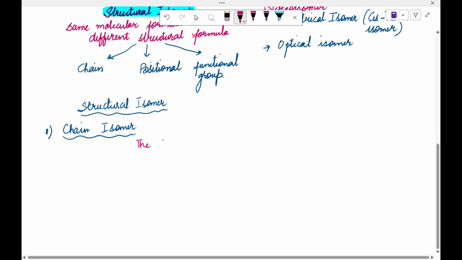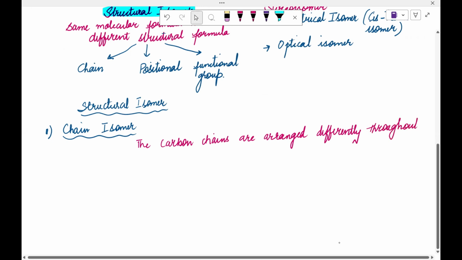The carbon chains are arranged differently throughout the structure. Like there is basically a different arrangement of carbon in the chains.